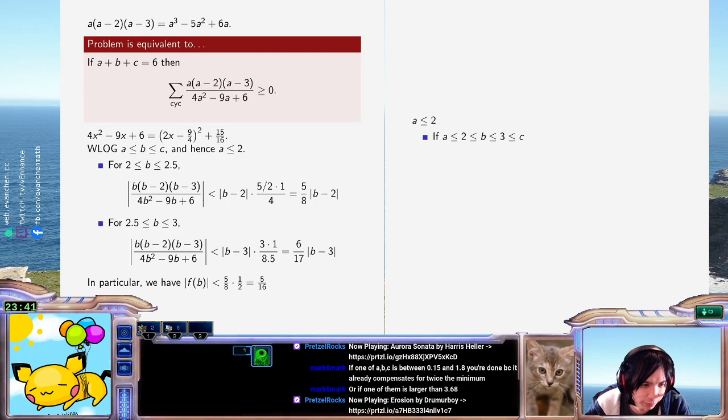So this will require me to take a bunch of derivatives. Oh, I don't want to differentiate. Okay, I have to differentiate. So f prime of x is equal to 4x squared minus 9x plus 6.